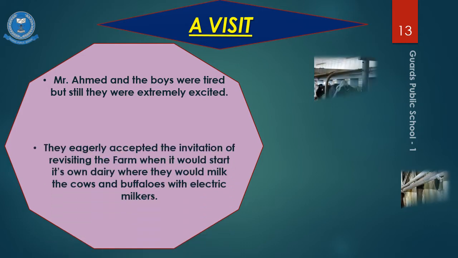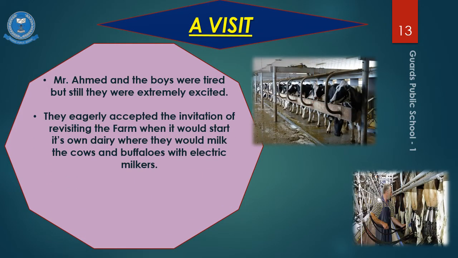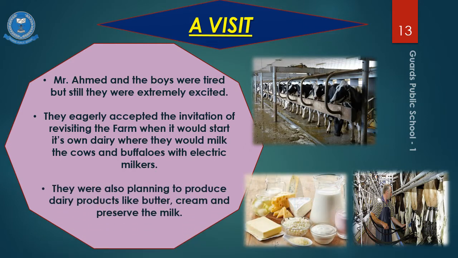They eagerly accepted the invitation of revisiting the farm when it would start its own dairy, where they would milk the cows and buffaloes with electric milkers. They were also planning to produce dairy products like butter, cream, and preserve the milk.